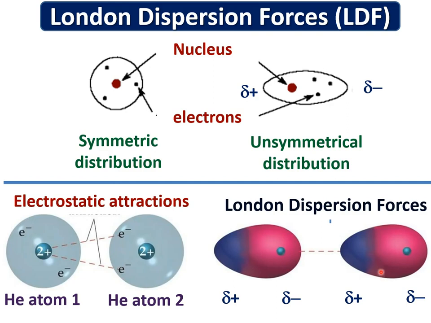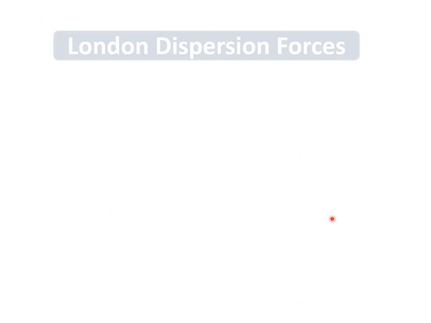Okay, so overall we will have some sort of attraction between the atoms together, and this force is the weakest force that you can consider, that you can imagine. This is called the London dispersion force. London dispersion force is a subdivision of van der Waals. It's the major force in noble gases. It originates from the induction in nonpolar molecules.